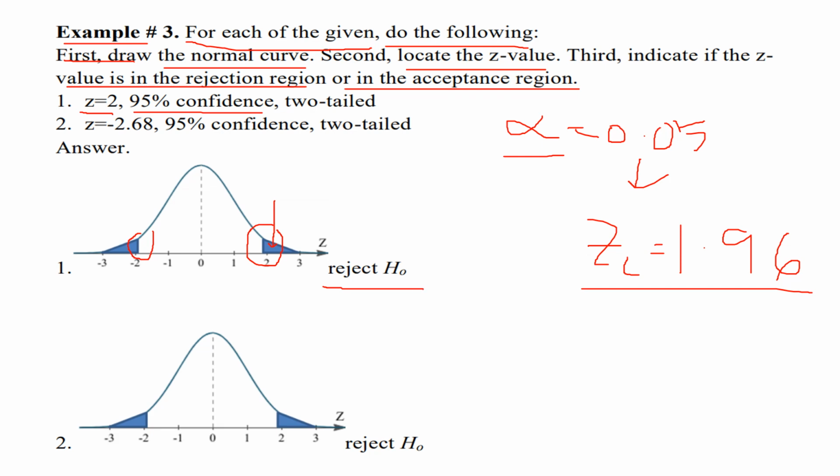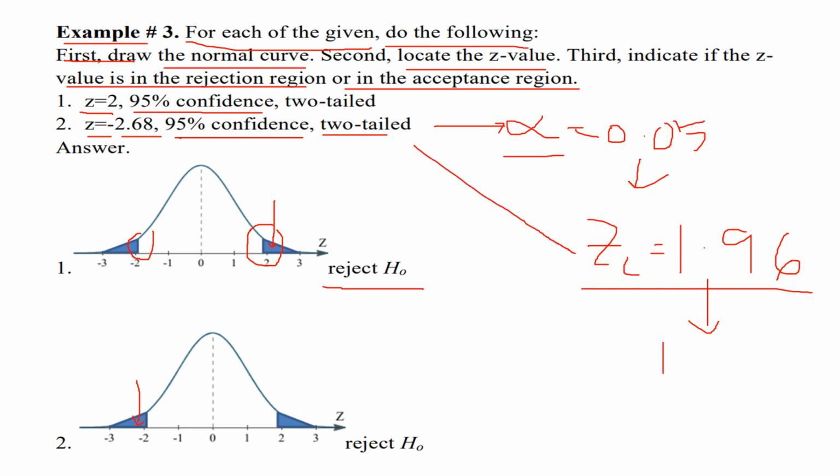Same thing with this one. If this is 95% for number 2 and it's a two-tailed test, it's automatic that your alpha is 0.05, then your Z is negative 2.68. It will fall somewhere here. Negative 2.68 is less than negative 1.96, because this value of the critical regions is for a two-tailed test.